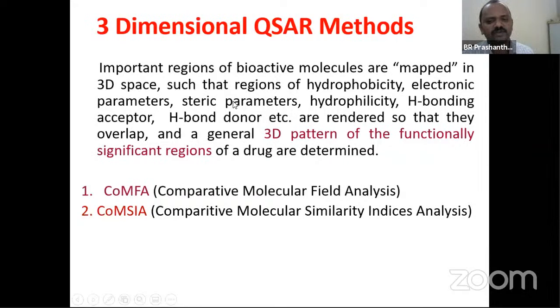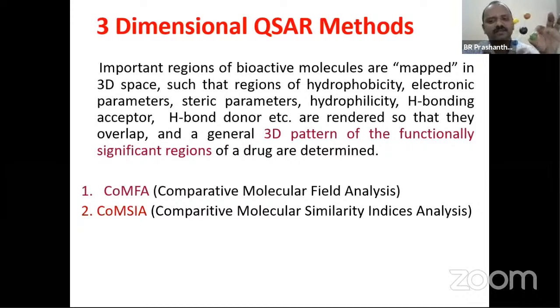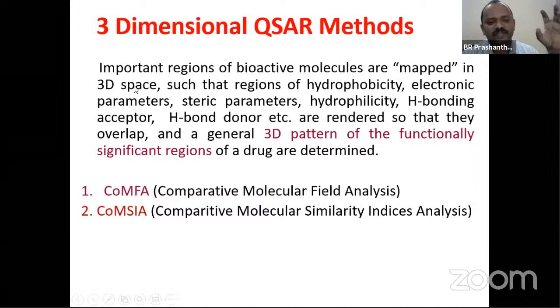important regions of the bioactive molecules are mapped in three-dimensional space. If you think that this is the molecule, this is the ligand, it is mapped surrounding this molecule like this. So now you get some colors. It is mapped in three-dimensional space, and we can add fields surrounding it.